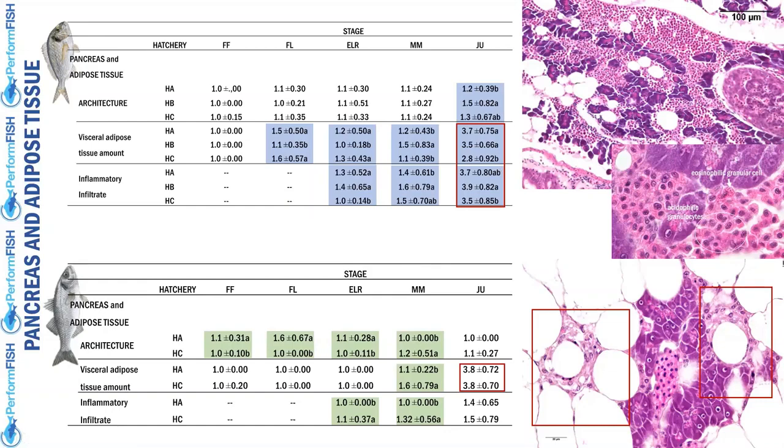Due to the specific biological characteristics of gilthead seabream, excessive deposition of adipose tissue, characterized by hypertrophy and hyperplasia of adipocytes, can induce an inflammatory pattern, even very severe.